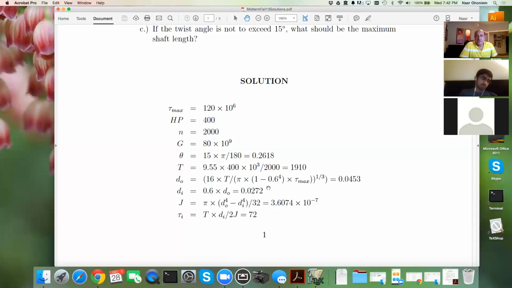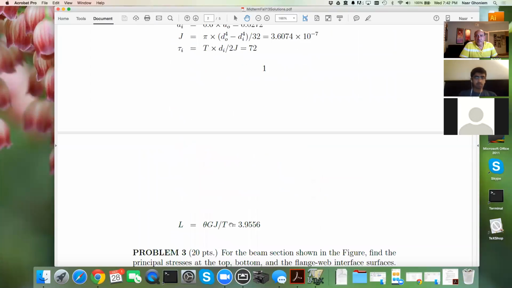That's the difference between the polar moment of area of the outer minus the inner diameters. And we know the tau max, therefore we can get the outer diameter, and from that we get the inner diameter, and we can get the J, and finally the stress. So that's for part A.